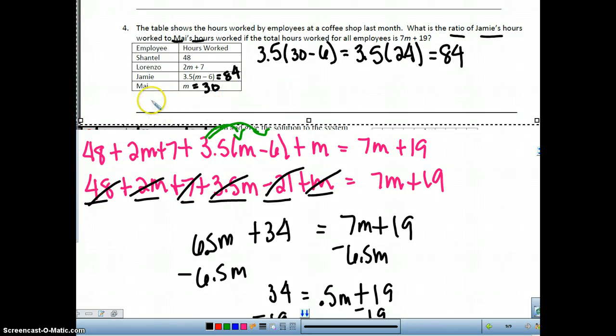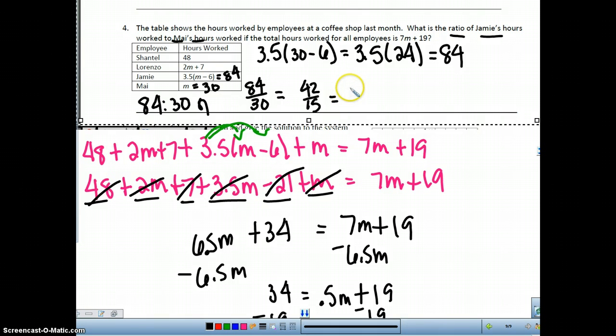So a ratio of their hours would be 84 to 30, or 84 over 30. Can I reduce this at all? I can, right? So first, if we just start dividing everything by 2, we wind up with what? 42 and 15. 42 over 15. And then can I reduce that again? Yes, I can. I can reduce again by 3.